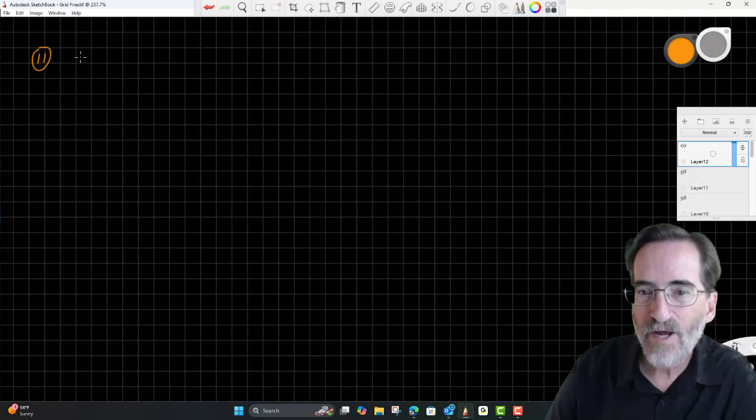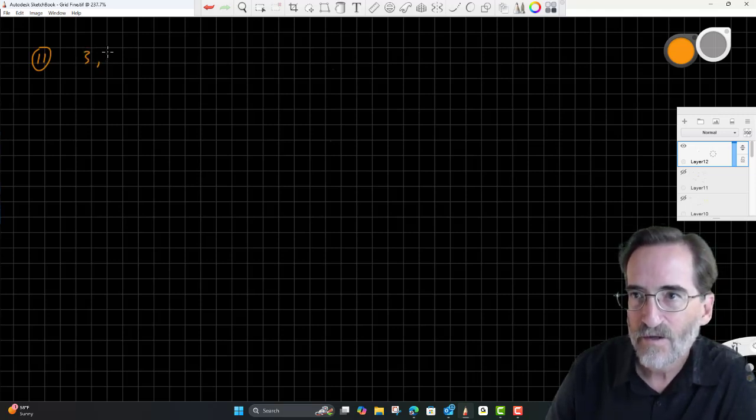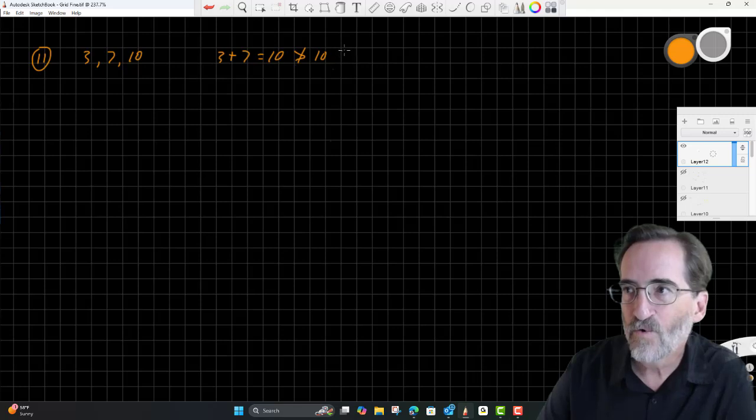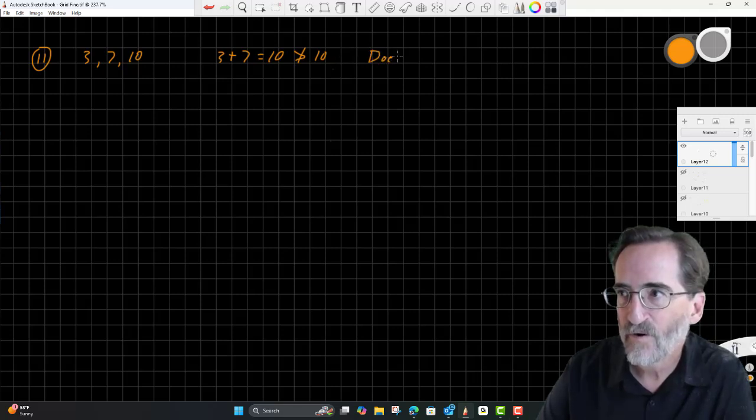So if I have a triangle that has the sides 3, 7, and 10. Take the two smallest sides, 3 plus 7 equals 10, and 10 is not more than 10. Therefore, according to the triangle inequality, this does not work. Does not form a triangle. Okay?